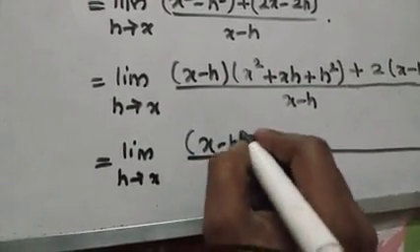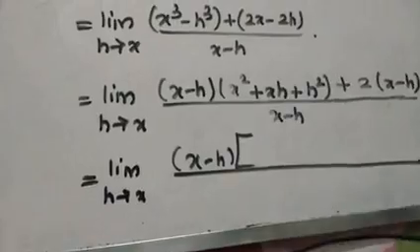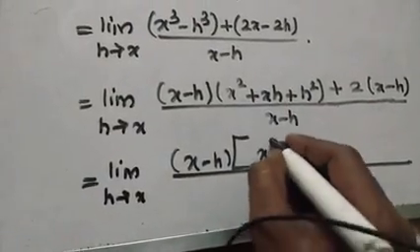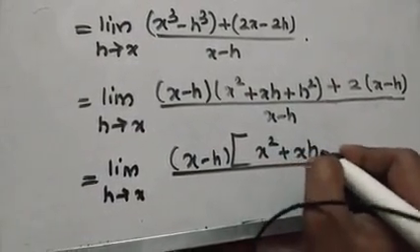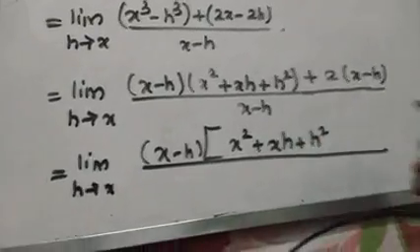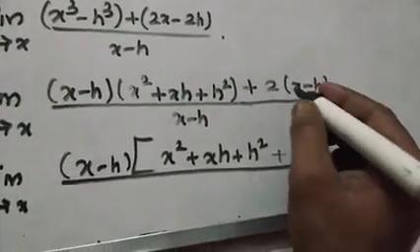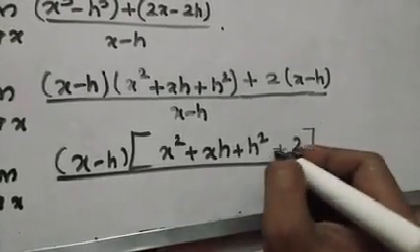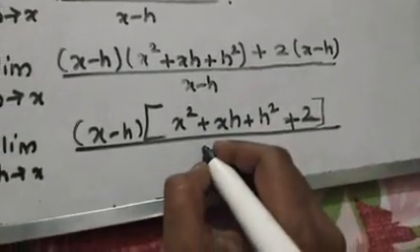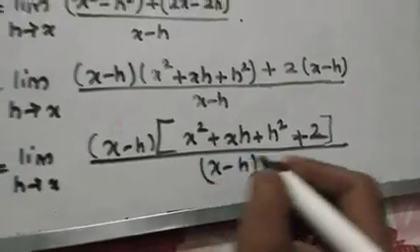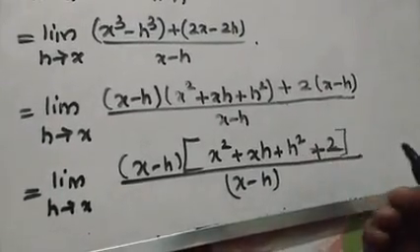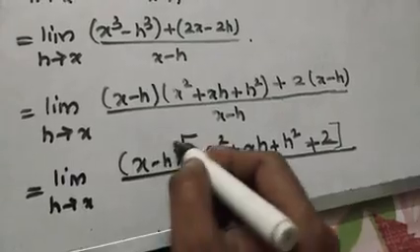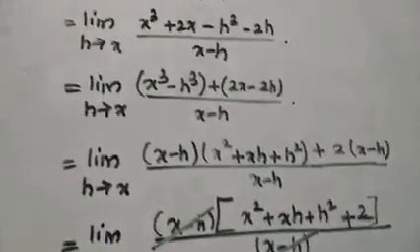x minus h. After taking the common from the first, we will get x square plus xh plus h square, and from the second we are going to just get 2, and the denominator x minus h. So it's very visible that this term is the same, so we are going to cancel these two terms.